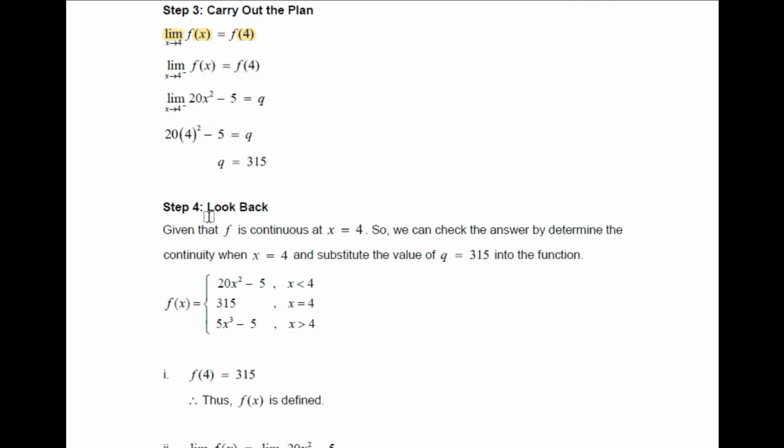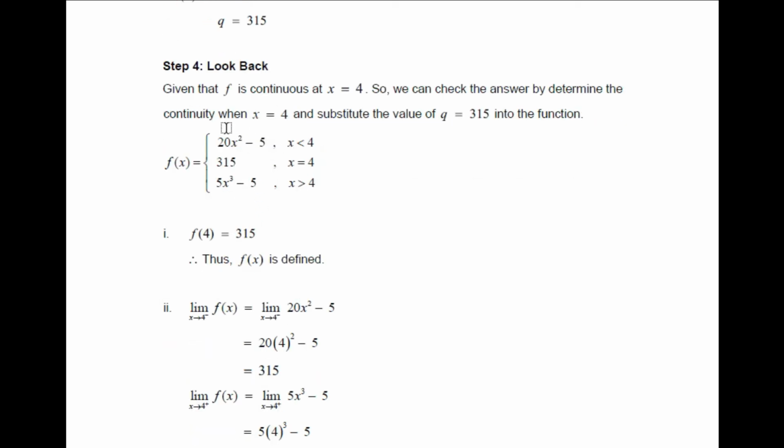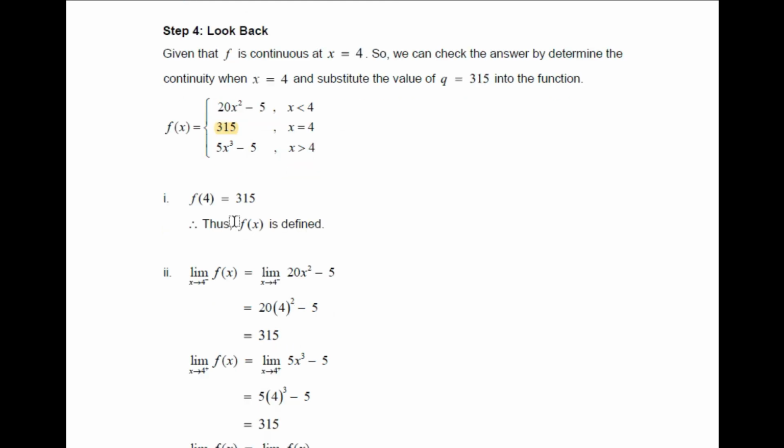And to check the answer in step 4, given that in the question f is continuous at x equal to 4, we can check the answer by determining the continuity at x equal to 4, and we substitute the value of q equal to 315 into the function. Here is the piecewise function where we just replace q with 315.